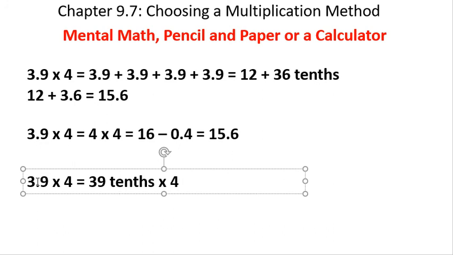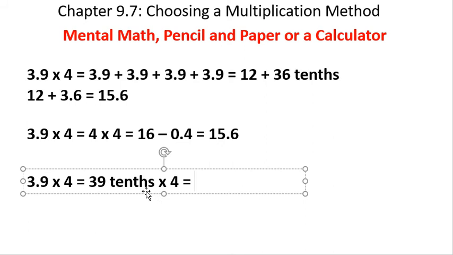So I took my 3 ones, called it 30 tenths, and my 9 tenths, I kept that as 9 tenths. So 30 tenths plus 9 tenths is 39 tenths. This is more visible when we look at, for example, a place value chart.